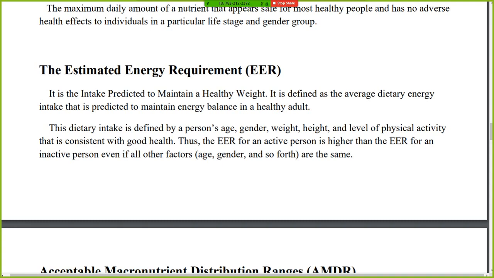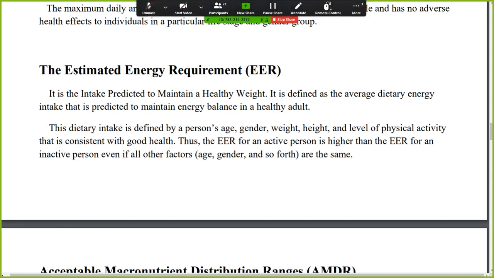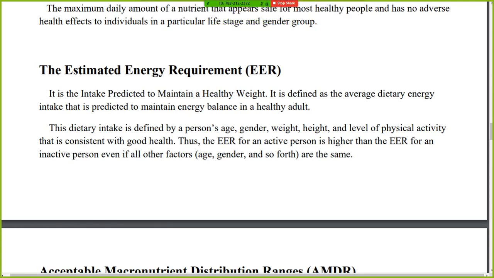Now the term estimated energy requirement, EER. It is the intake predicted to maintain a healthy weight and is defined as the average dietary energy intake that is predicted to maintain energy balance in a healthy adult.